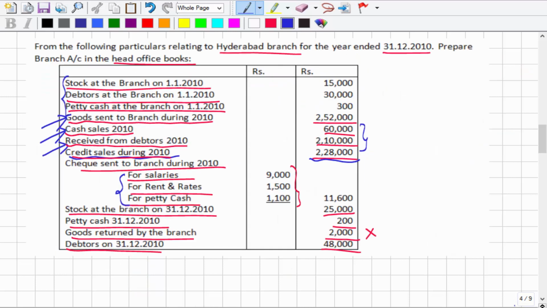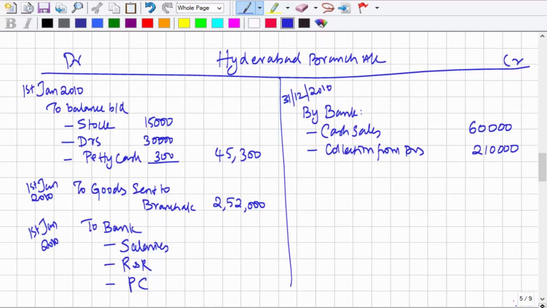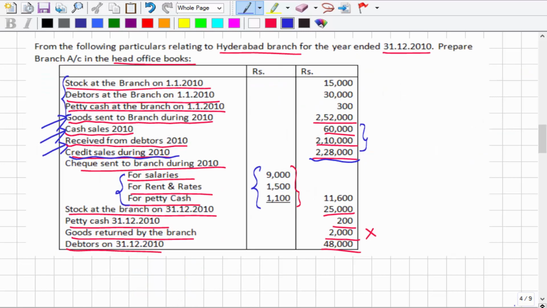What are the amounts? Amounts are 9,000, 1,500, 1,100, and the total is 11,600. Okay, so that is also covered.